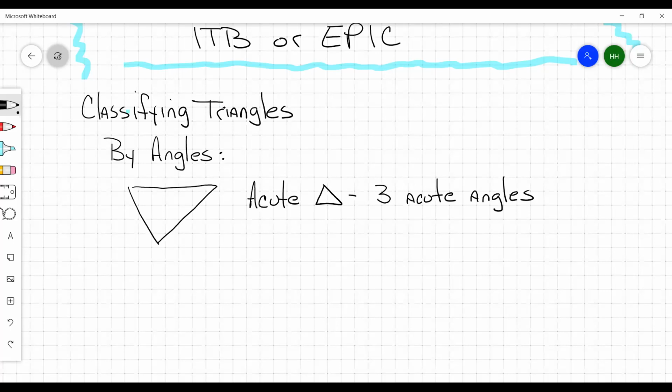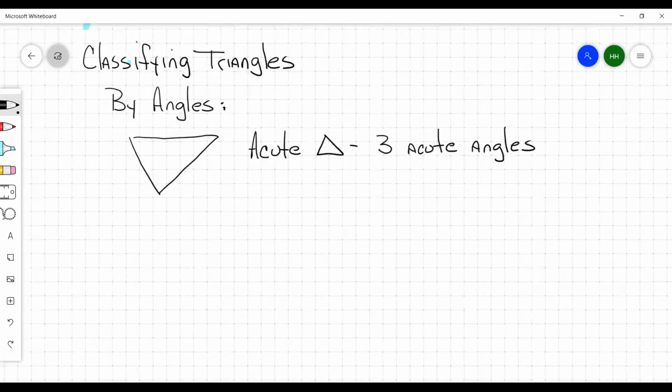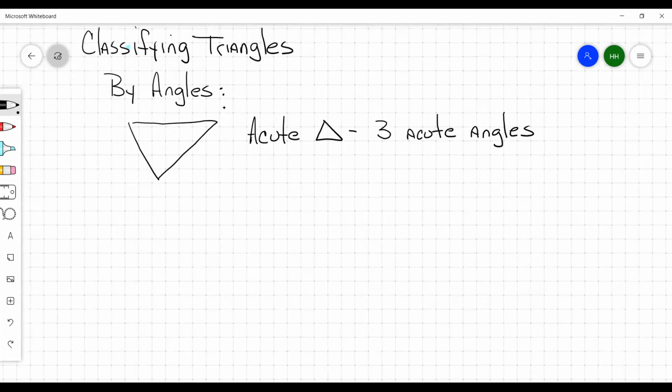Another type of triangle when you're classifying by angle is equiangular. Equiangular, and that's when all of the angles are equal to each other.